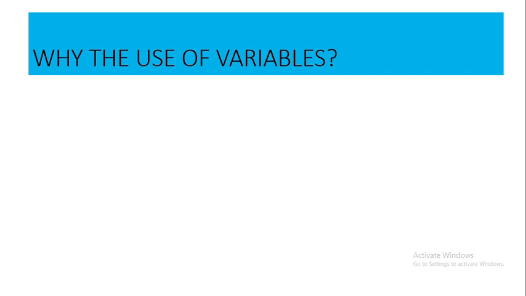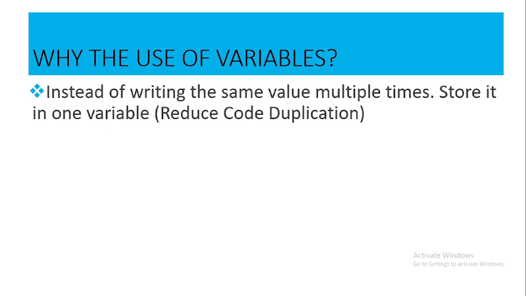Why the use of variables? Why do we have to use variables? We use variables to avoid code duplication. So instead of writing the same value multiple times, we just create a variable and then store that particular value inside that variable. So whenever we want to use that particular value, we just reference that value through the variable name or the container that holds that particular value.